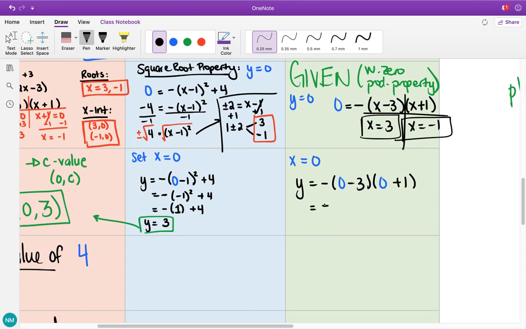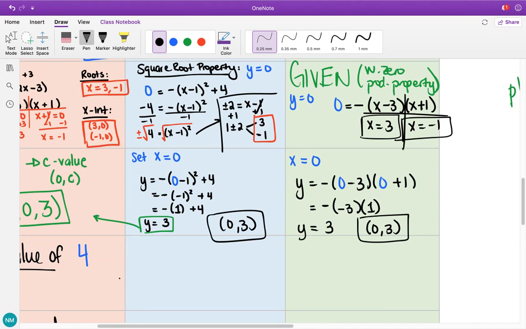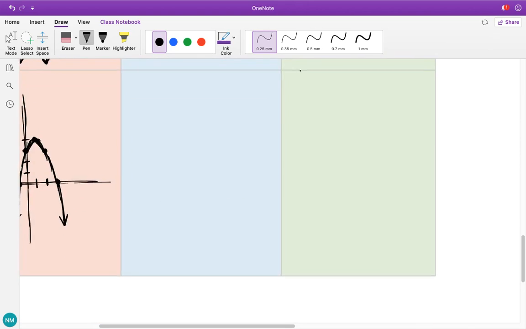And we have negative, 0 minus 3 is going to be -3 and then +1. So negative, this becomes a +3 and then times 1. So it's 3. So it's 0, 3, which is, again, the same thing we've gotten across the board. And this is all the same thing.